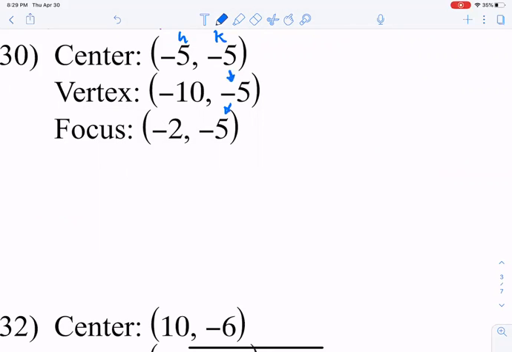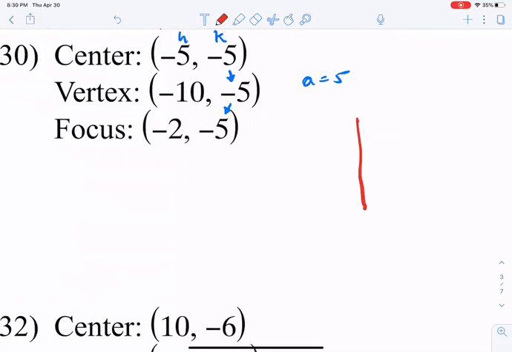These y values for all three of them are not changing. The only thing changing is the x values, right? If this is my center and this is one of my vertices, I know right away that the distance from the center to the vertex is a, so that means that a should be equal to 5.